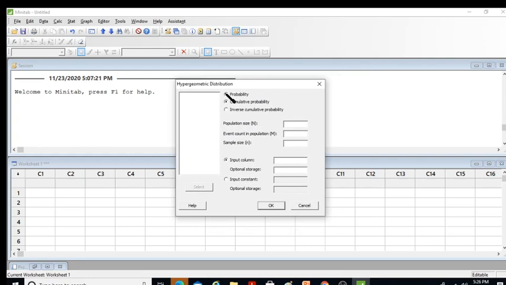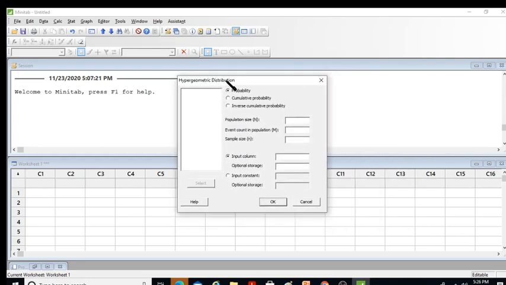I'm interested in calculating the probability. The first problem we did had 6 red balls and 14 yellow balls, so the population size was 20, and we picked a sample of 5. The input is the red balls, and there were altogether 6 red balls.